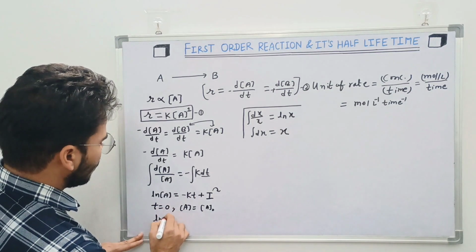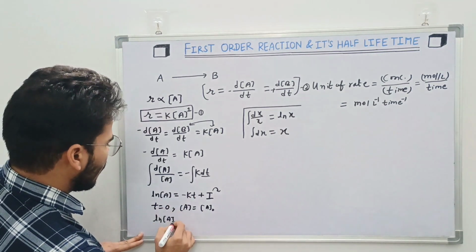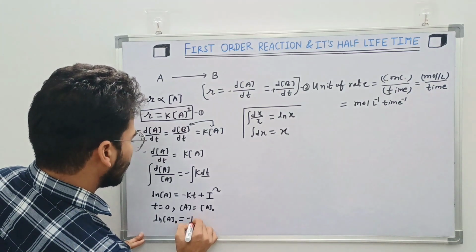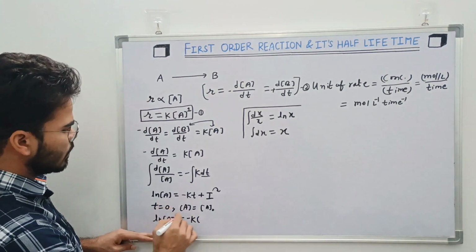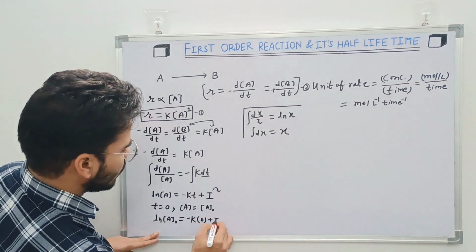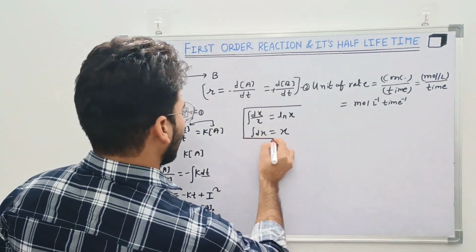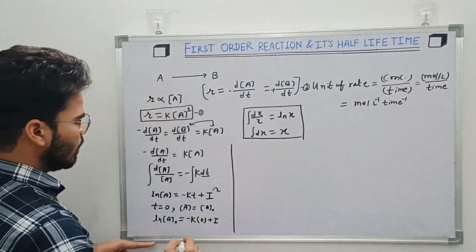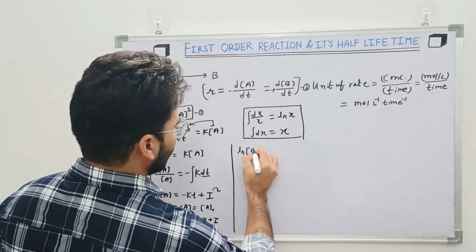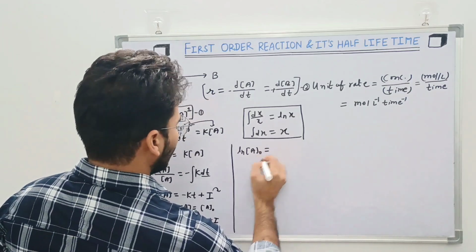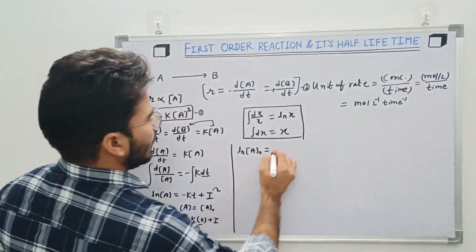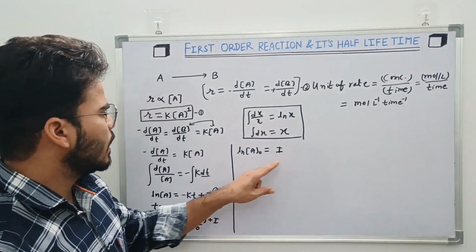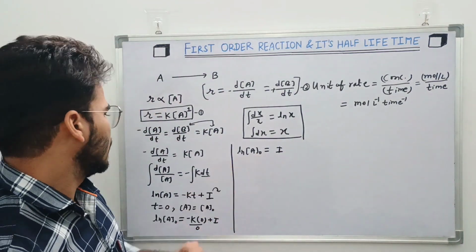So this expression will be ln A0 is equal to minus k, and when we put t is equal to 0 here, plus I. This will be ln A0 is equal to, this term will be 0, and I. So the integration constant I will be ln A0.